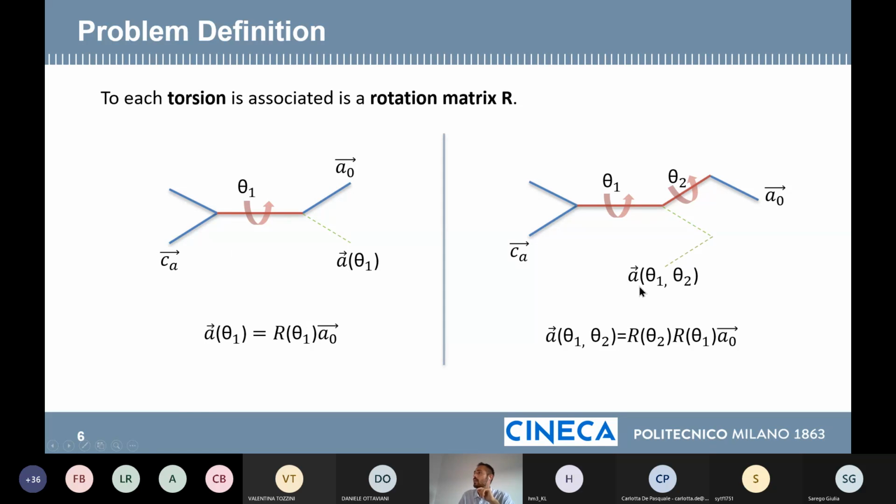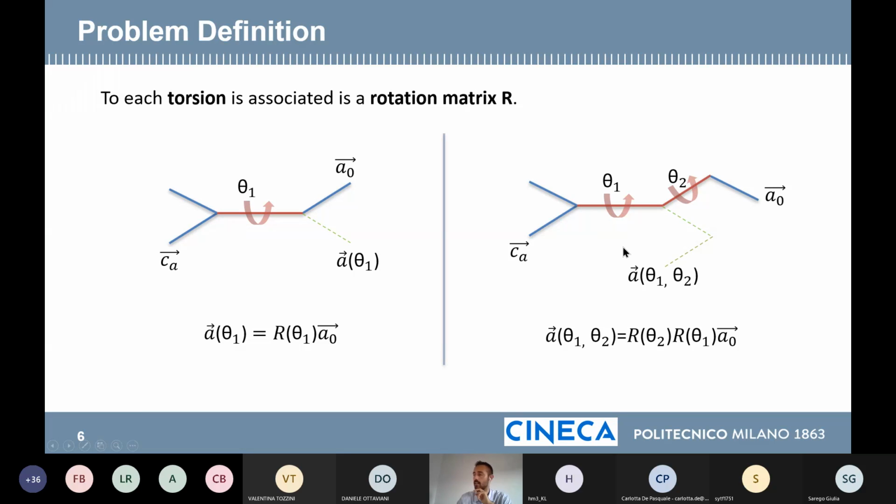When you have multiple rotations, for example, when you have multiple bonds, so if this one is another bond, then the position after rotating by theta 1 and theta 2 of this atom, which is initially in position A0, is going to be defined by the matrix product of R associated to theta 2 with the rotation matrix associated to theta 1.